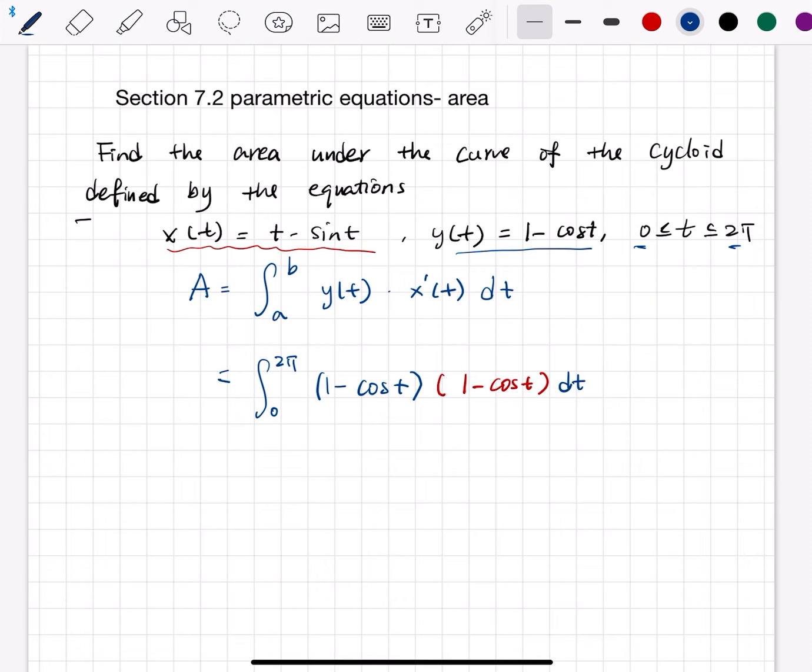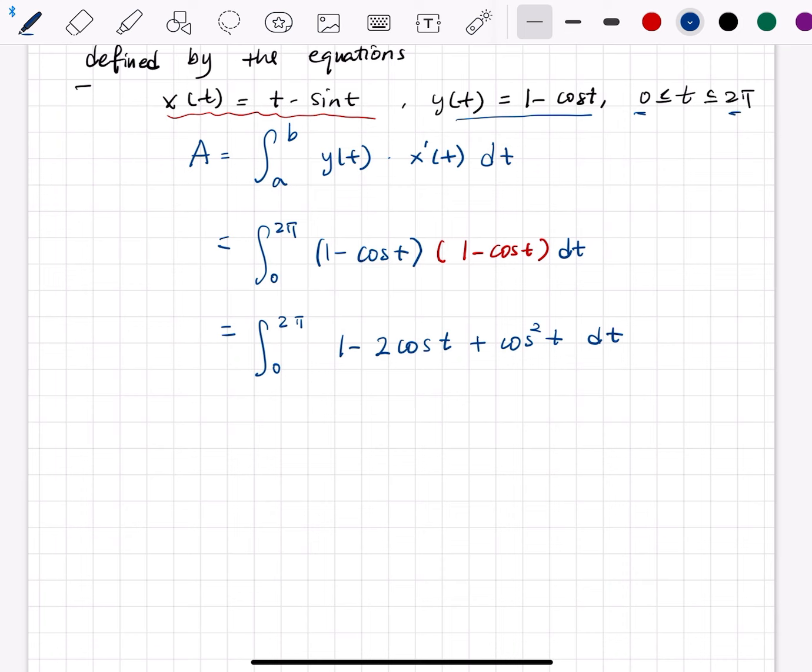So we're going to multiply them. And we do not know how to find the antiderivative of cosine squared, so we're going to use the identities to rewrite cosine squared of t as (1 plus cosine 2t) over 2.